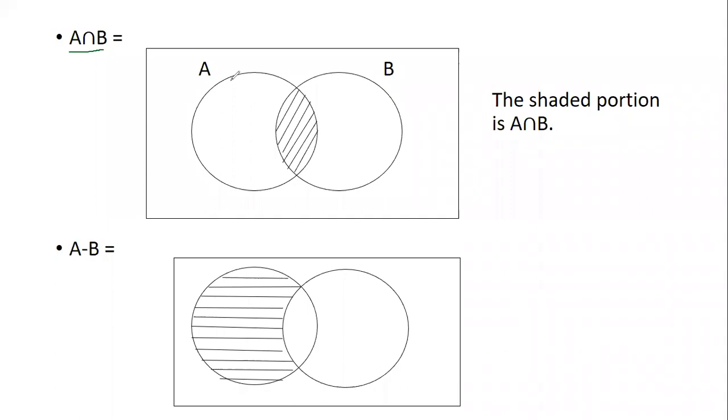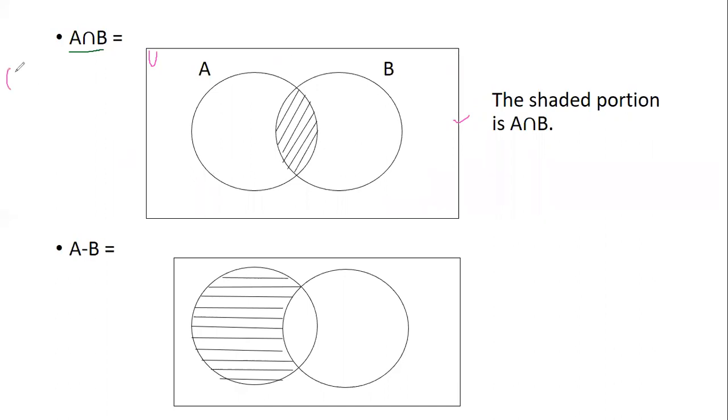Now again, the first rule remains the same. That is, you're supposed to draw the universal set. Okay, so this is the universal set. All these elements, or apart from A and B, if there are any other elements, it comes in the universal set. Now let us take some example and then we will draw.